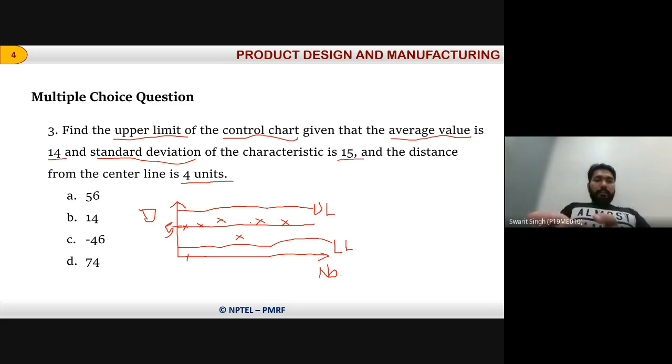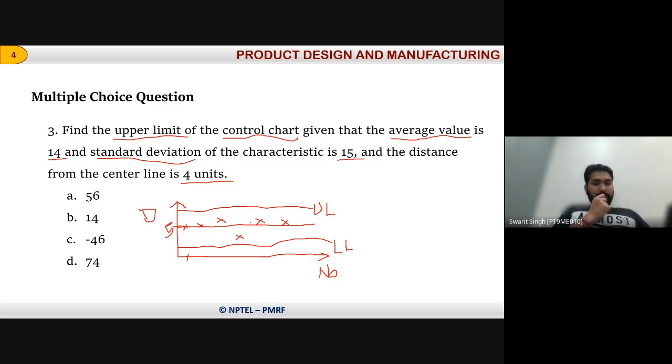So a numerical question is there, where we have to find the upper limit of a control chart, which has an average value of 14, a standard deviation of 15, and a distance from the center line of 4 units. So we got some options. Sanjay said C, minus 46.